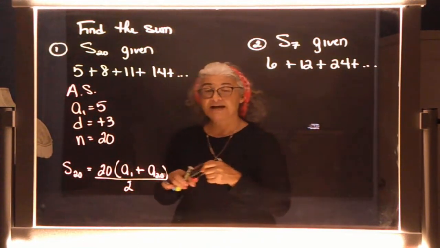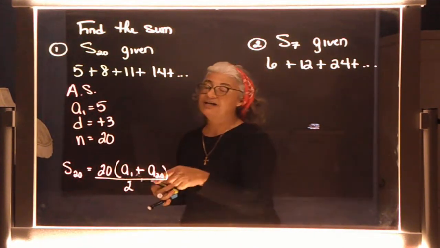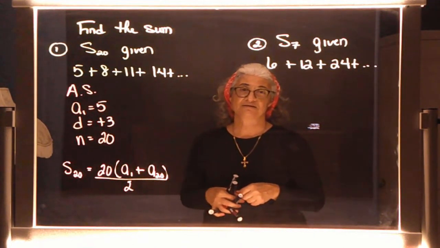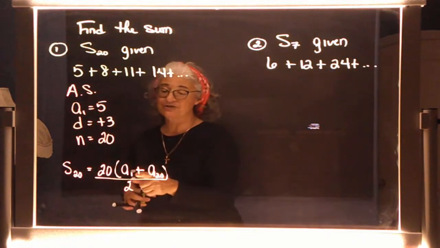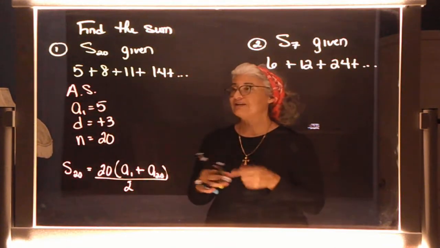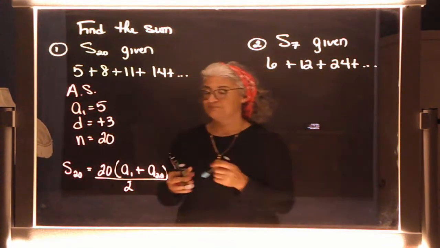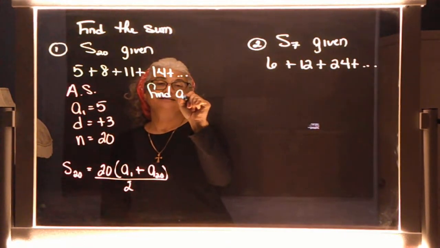Okay, do I have all the pieces to my puzzle? No, I don't. I don't have the a sub 20, do I? So I need the 20th term. I got the first term of 5, but I don't have the 20th term. So we need to find a sub 20.